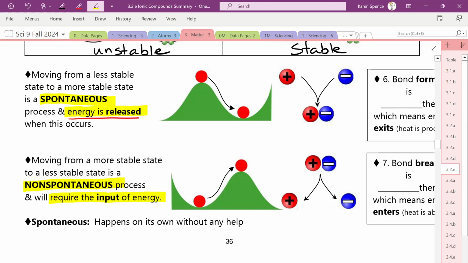Do you guys remember what we call something when energy is released? We talked about it a little bit in our reactions lab. When energy is released, we call that exothermic.